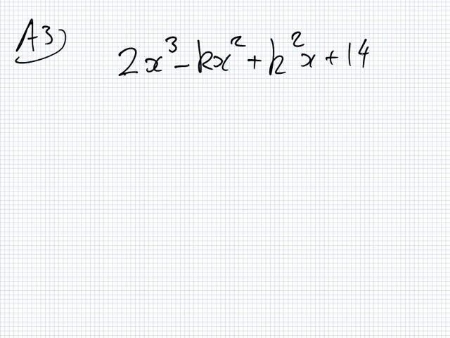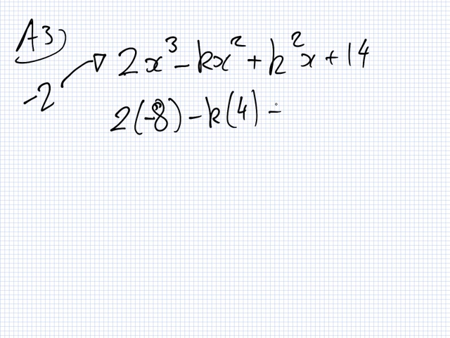Find the value of k if x plus 2 is a factor of this. So if x plus 2 is a factor, what's the root? Minus 2. So if we use the remainder theorem, if I put minus 2 in here for x, what should the answer be? It should be 0. So we have 2 times minus 2 cubed, which is minus 8, minus k times minus 2 squared, which is 4, times minus 2 plus 14 equals 0.